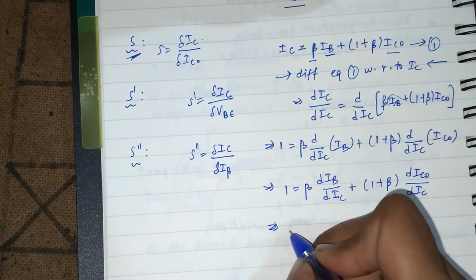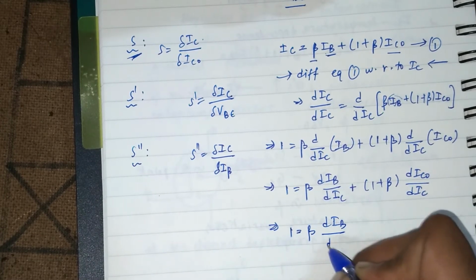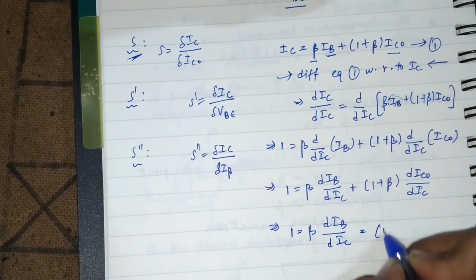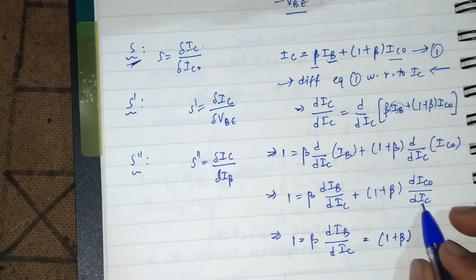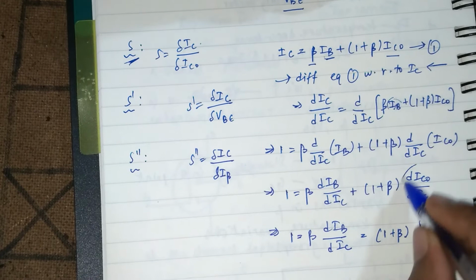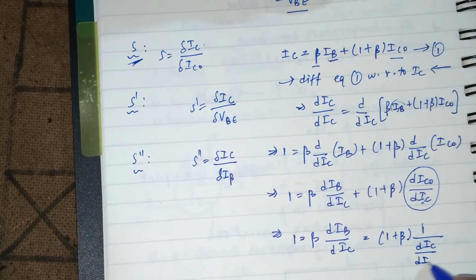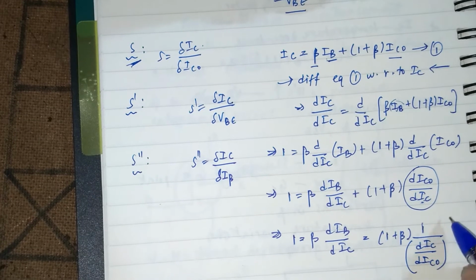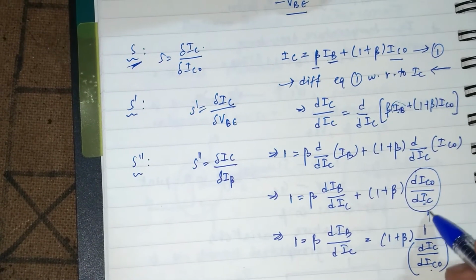So 1 is equal to beta into dIB by dIC plus (1 plus beta) into dICO by dIC. This term can be written as 1 by dIC by dICO.